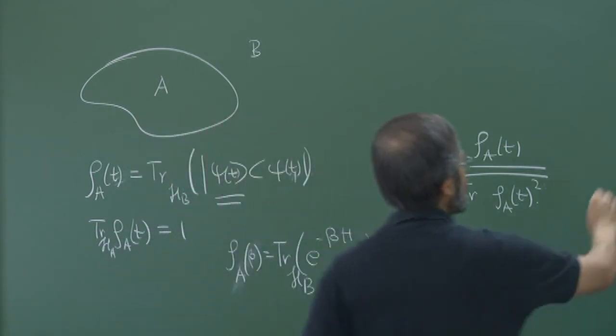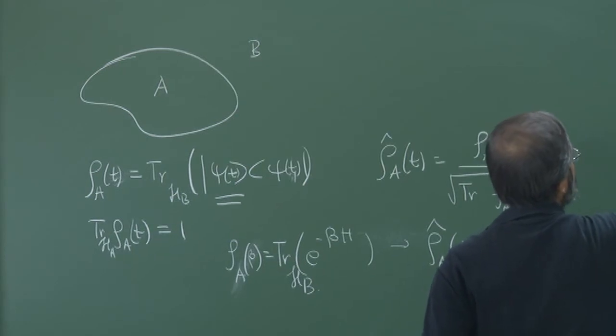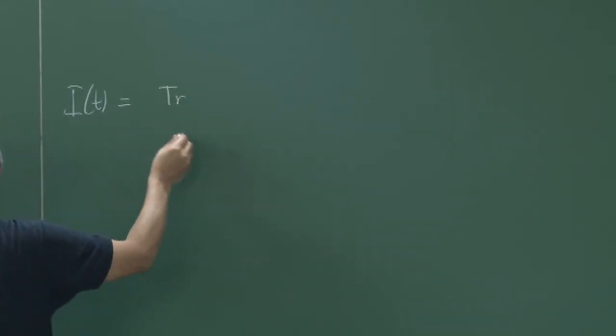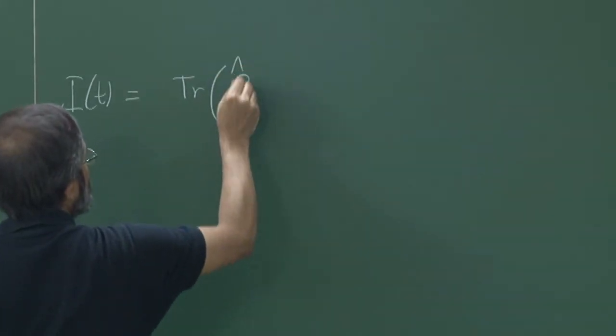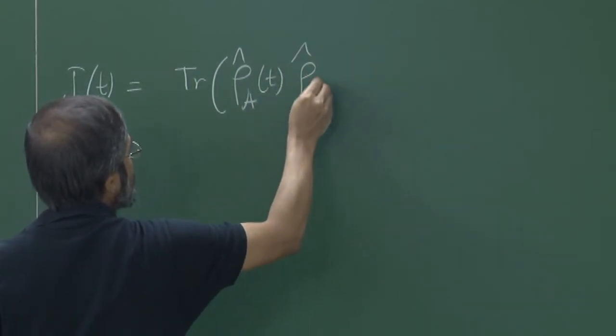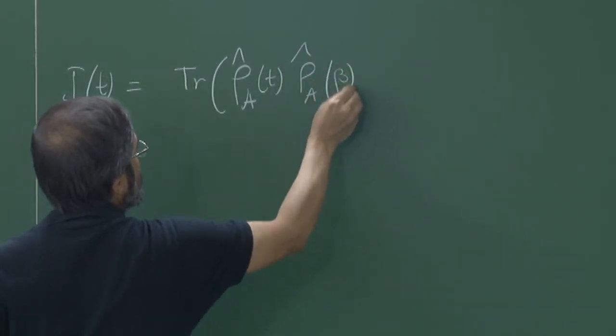Then Cardy defines this thermalization function which he calls I of t, that is given by the trace of rho hat A(t) and rho hat A(beta).